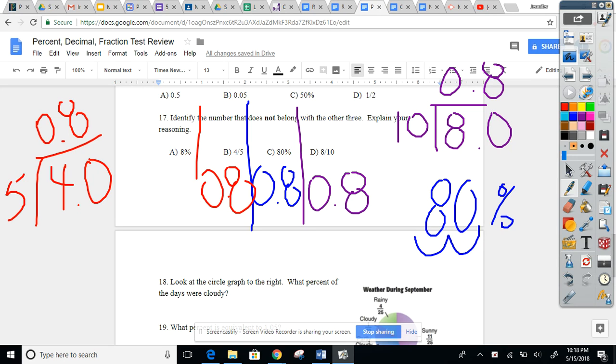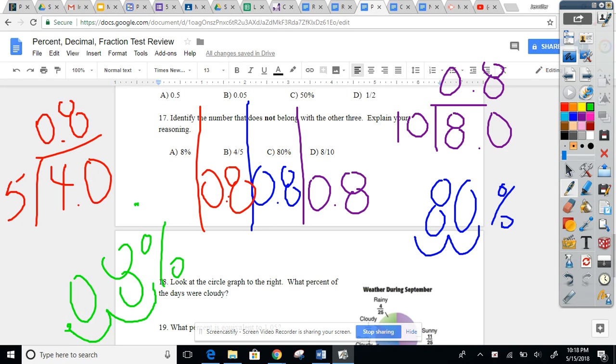So let me check A. Okay. I have 8%. I'm going to take my imaginary decimal and move it twice. If I add a 0, that is going to be 0.08. Which one is not the same as the others?